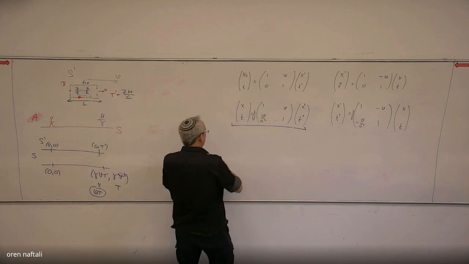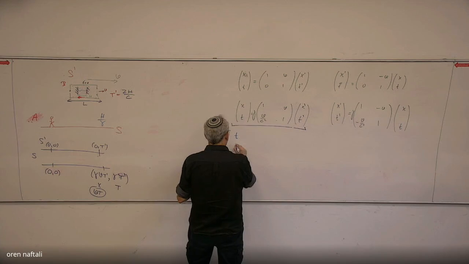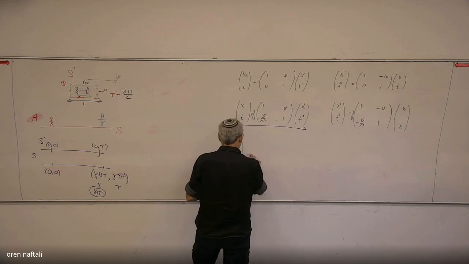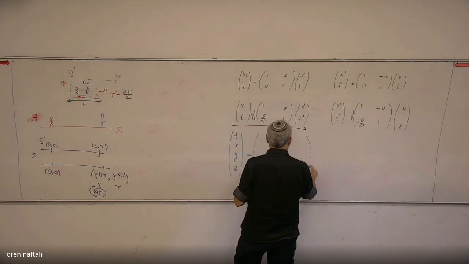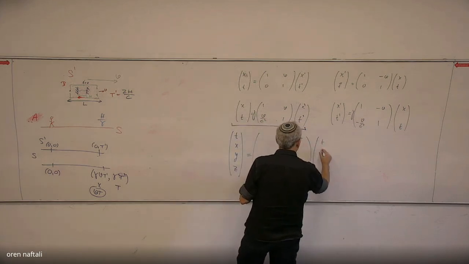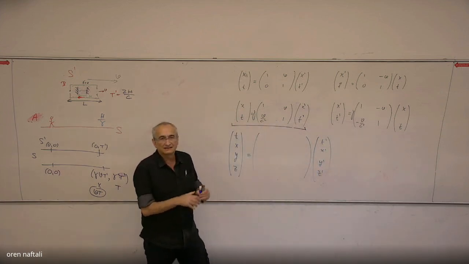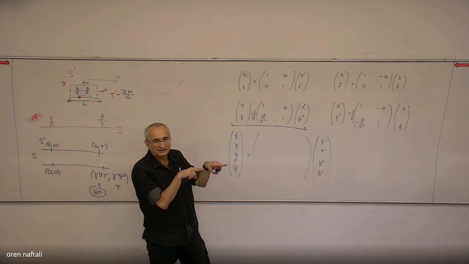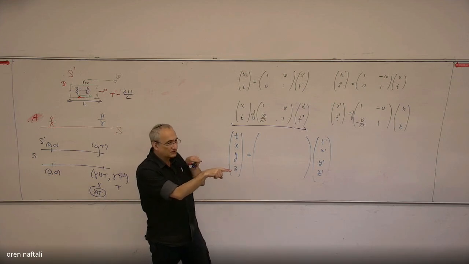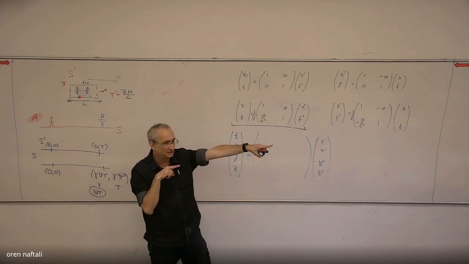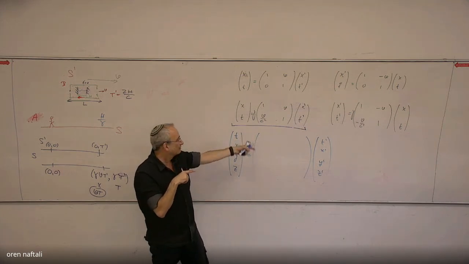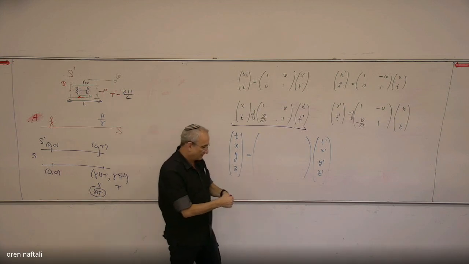So the general Lorentz transformation: t, x, y, and z is equal to a 4x4 matrix times t, x, y, and z in the prime system. And what makes the x coordinate special is that I take the x coordinate to be the direction of the relative motion. If it goes in the y direction, then you have to change it, but it's a trivial change.